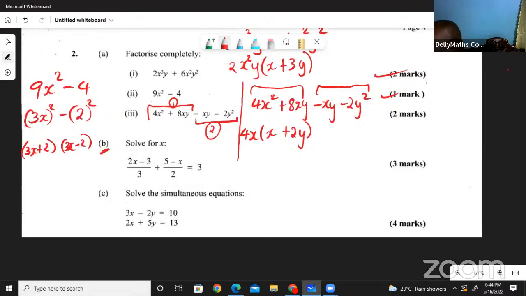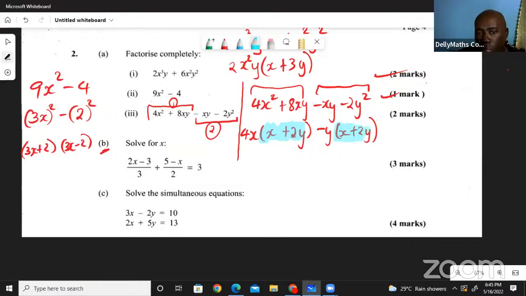Let me see if anybody would have any answer yet. I'm seeing some answers. And then minus y into minus xy gives us positive x, my bad, positive x. And then minus y into the minus 2y squared, then we're going to get positive 2y coming out. You definitely see that my brackets are twinning.